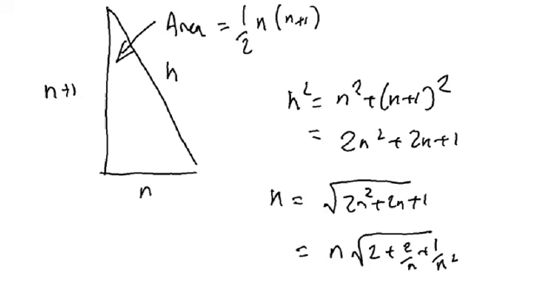So what we notice is, for large n, h is approximately n root 2. And that gives you a sort of geometric reason why the root 2 keeps popping up here, which I think is rather lovely.